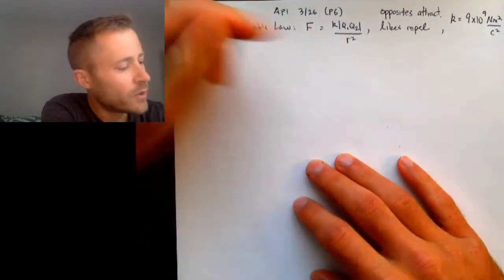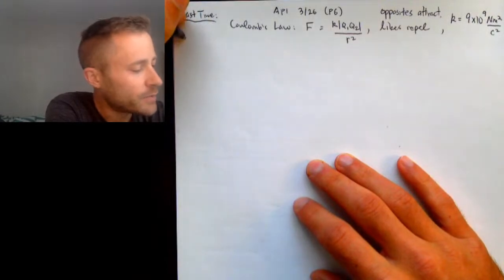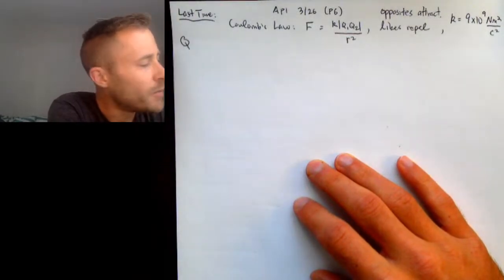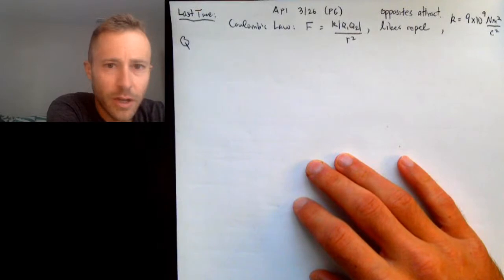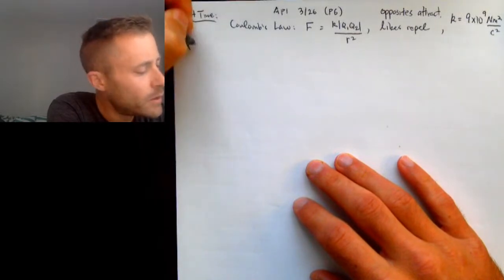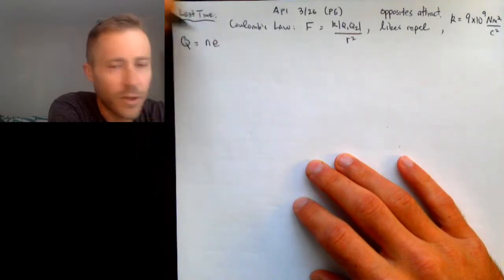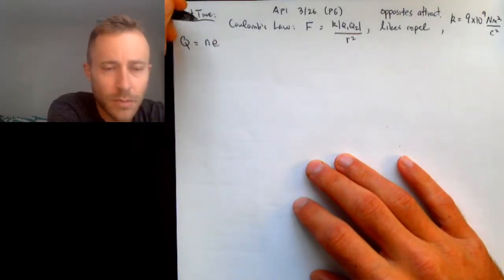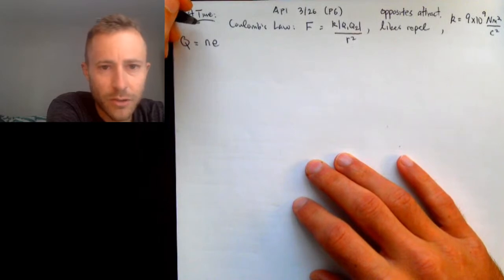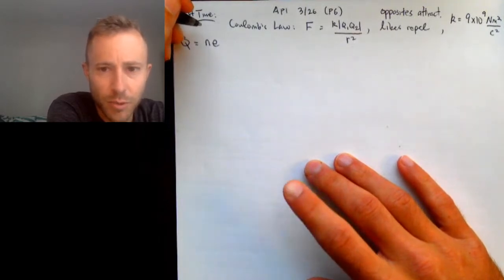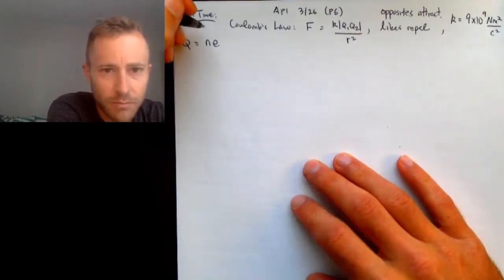We learned as well that the amount of charge that something can have is equal to an integer times the fundamental charge. That was because everything is built up out of protons, neutrons, and electrons.